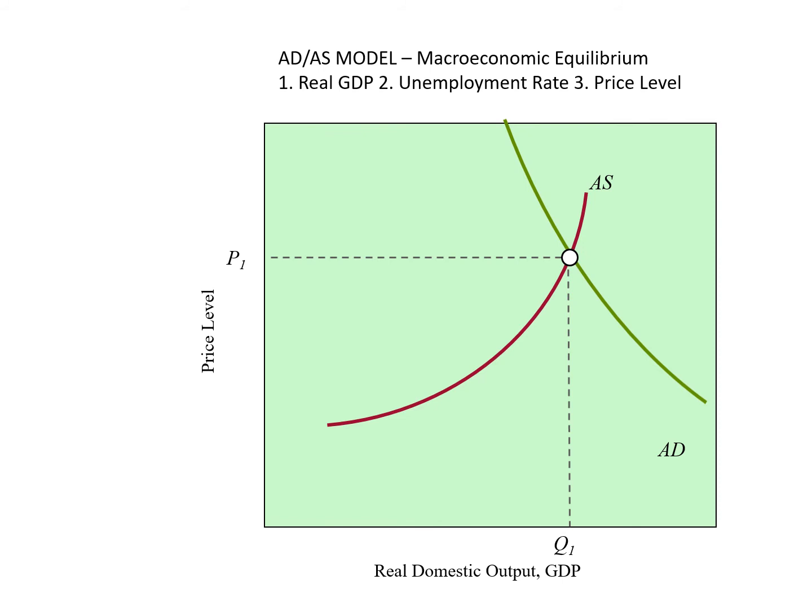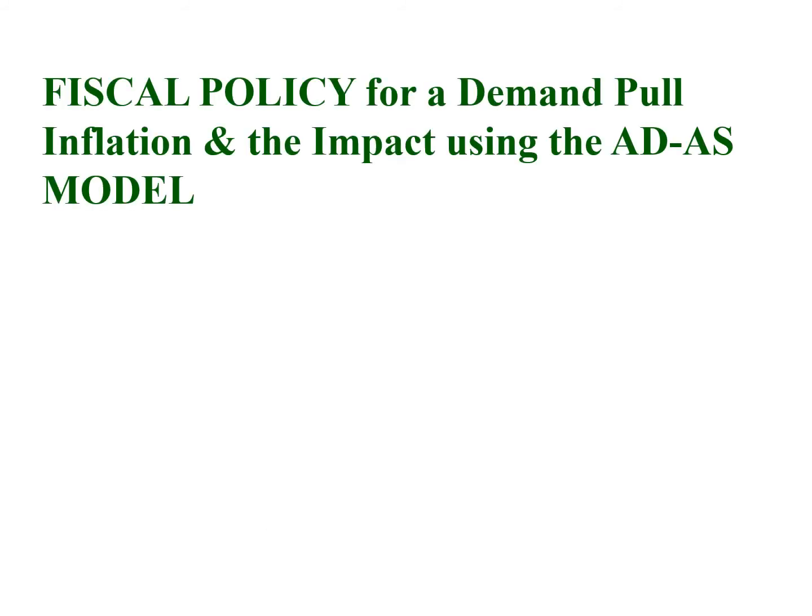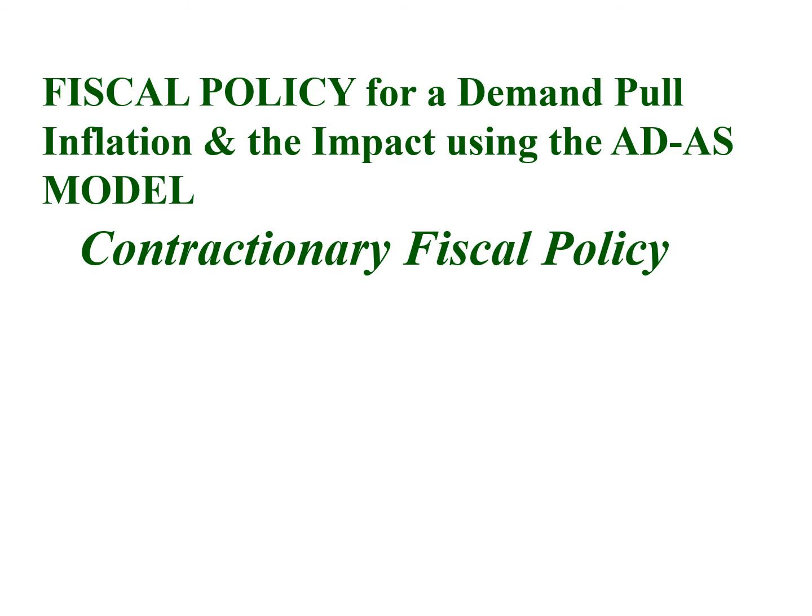You have an increase in the average price level far greater than acceptable by any standards. The question then becomes, what type of fiscal policy options are available for the federal government to address demand pull inflation? The answer is contractionary fiscal policy.